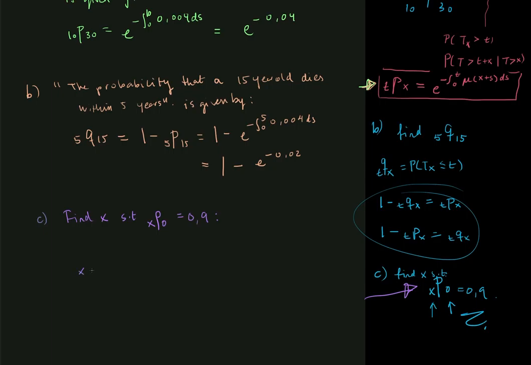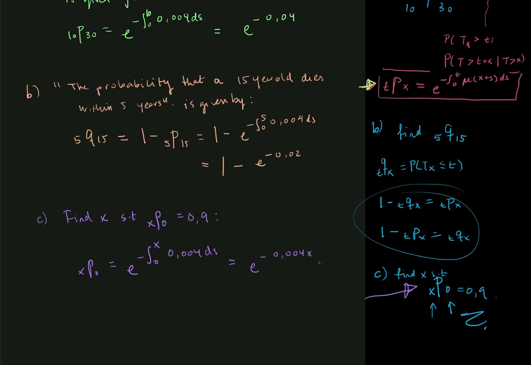So xp0 is given by e to the minus integral from 0 up to x, because this is the number of years we want to have our cute little baby survive. And again, we just plug in the constant mortality rate here. And this is equal to e to the minus 0.004x.